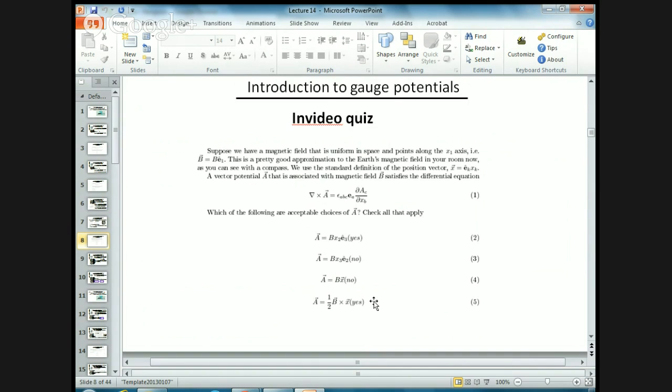The exercise says, please find a vector potential that defines that field. There's a couple of simple choices. Basically, the choices are linear functions of the spatial coordinates. Several components are linear functions of the spatial coordinates.